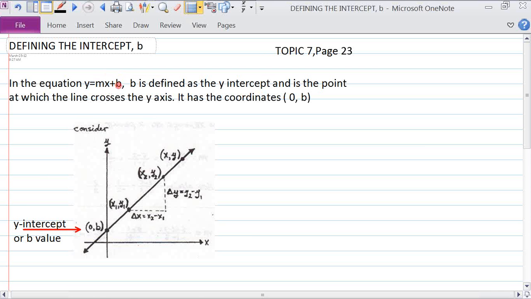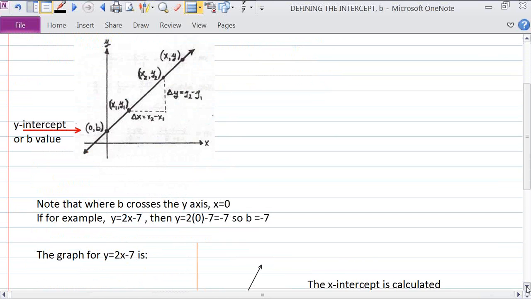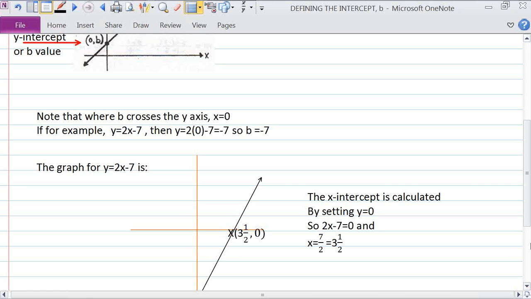In the second part, if we know the y-intercept, where the graph crosses the y-axis, that's the point b, and we can put in the value b. So this point has the coordinates (0, b). We define b as the point at which it crosses the y-axis. Note that where the line crosses the y-axis, x equals 0.